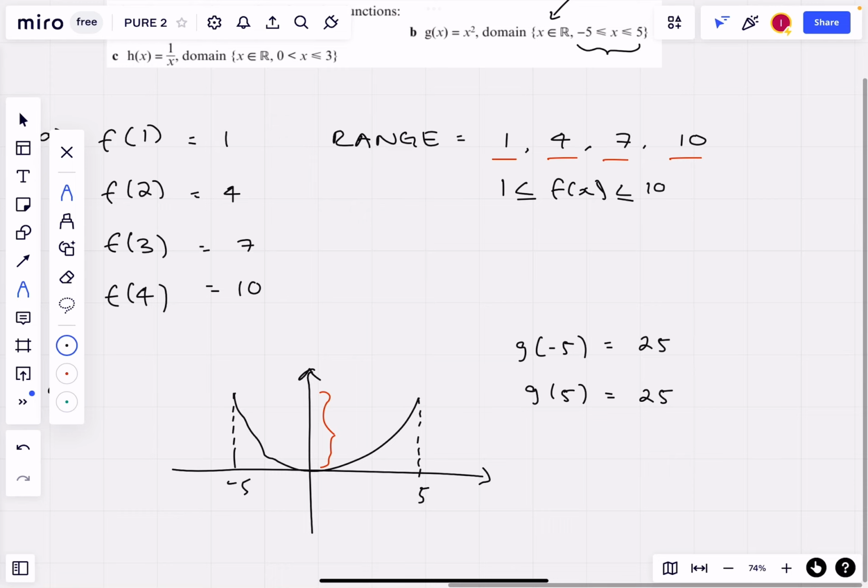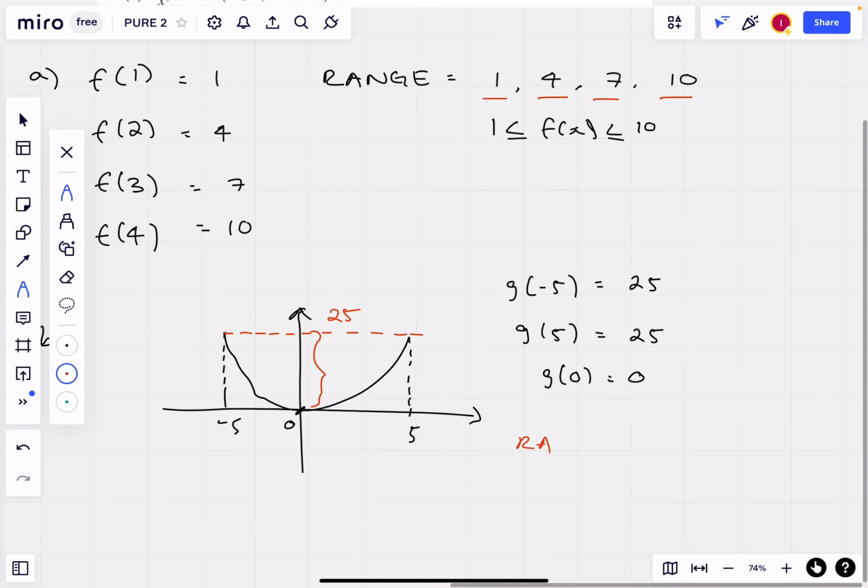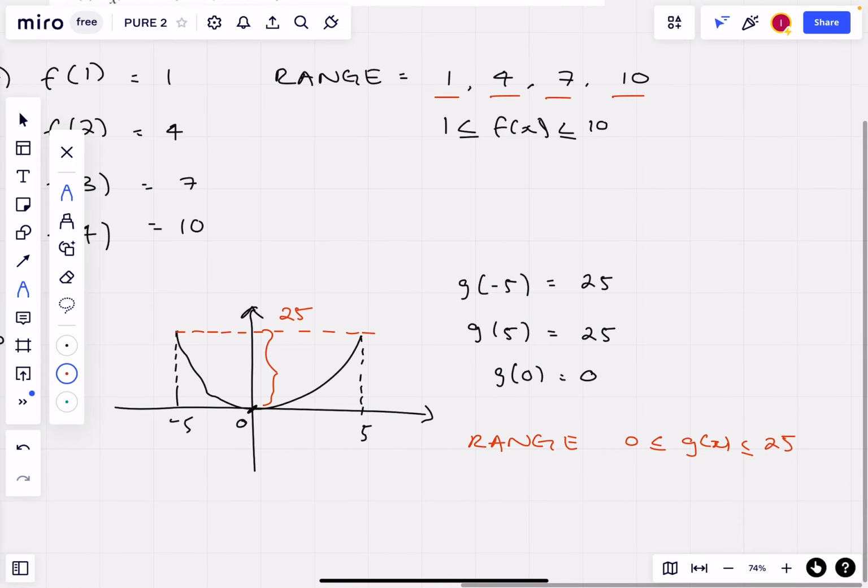So that means this point here is 25. If we sub in g(0), we get 0. There. Okay, so my range of y values is any number between 0 and 25. So the answer for the range would be 0 less than or equal to g(x), less than or equal to 25.